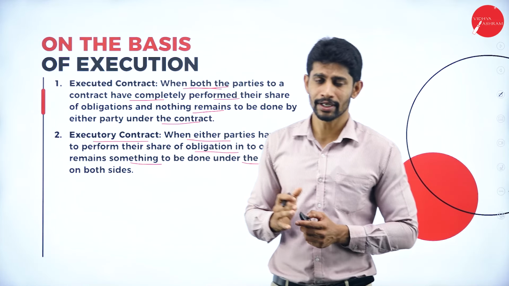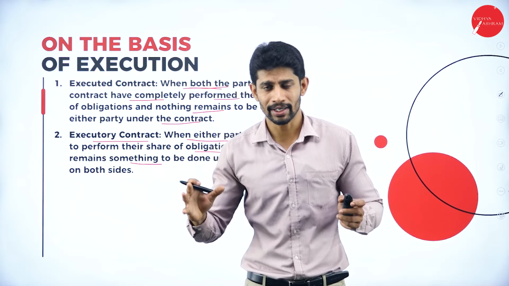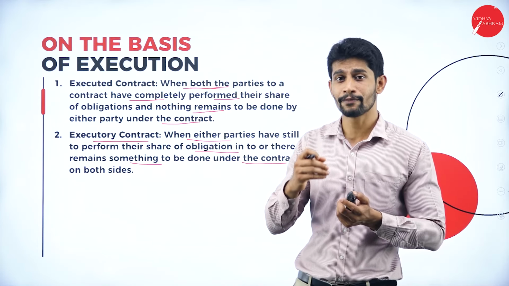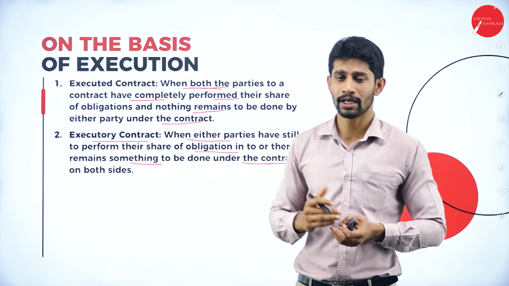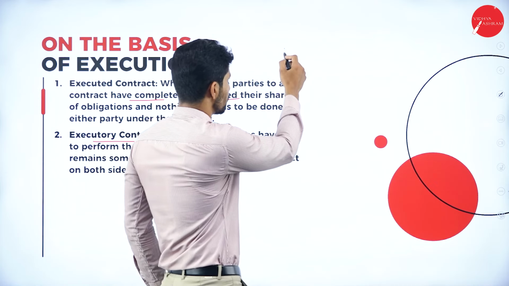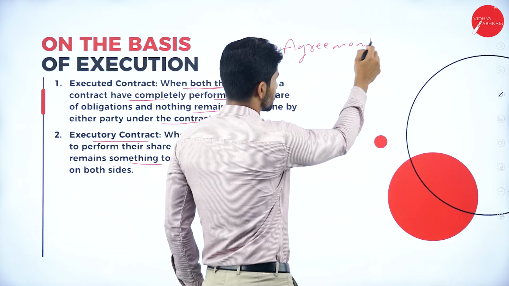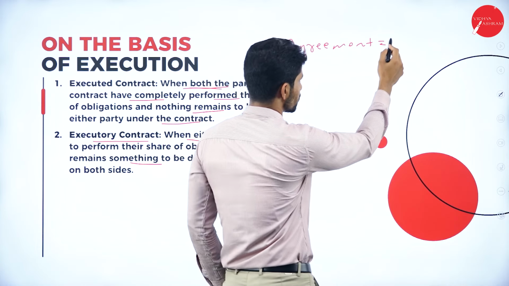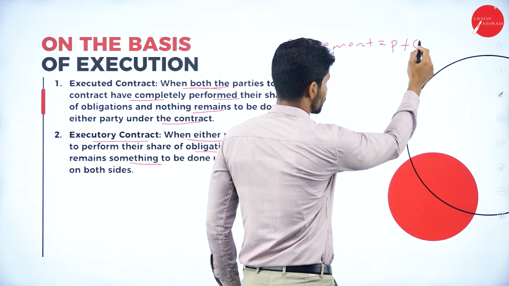Next, what we studied: what is contract? Contract is nothing but agreement plus enforceability by law. So easily you can memorize. What is agreement here? Agreement is nothing but proposal plus acceptance of proposal.